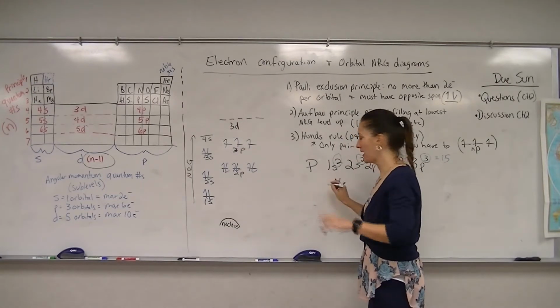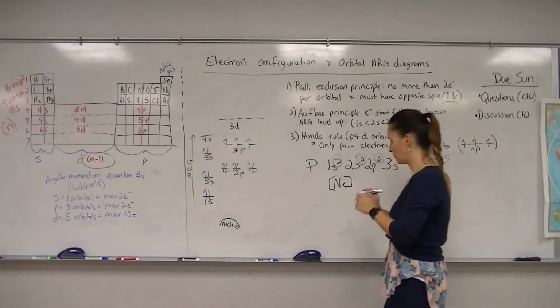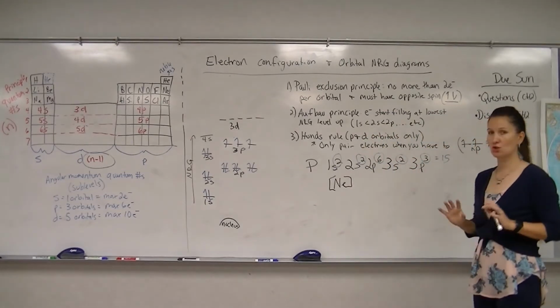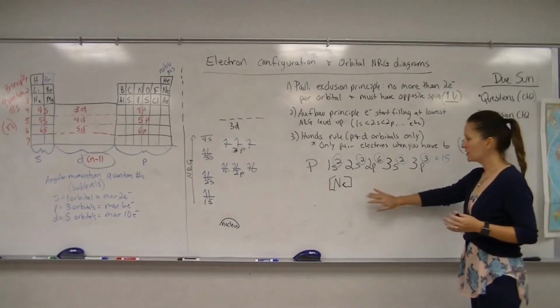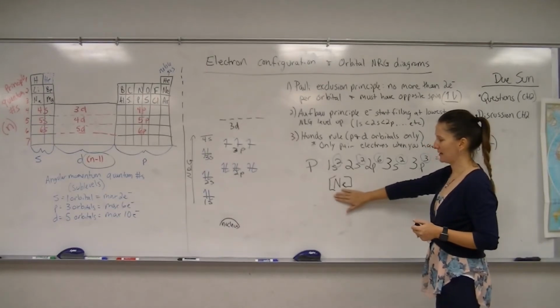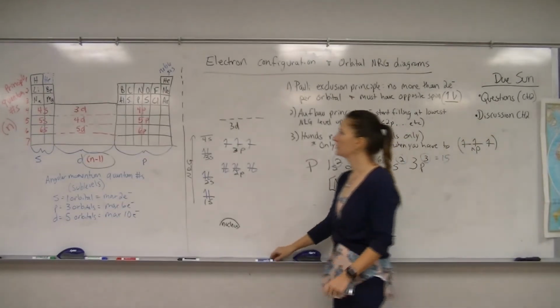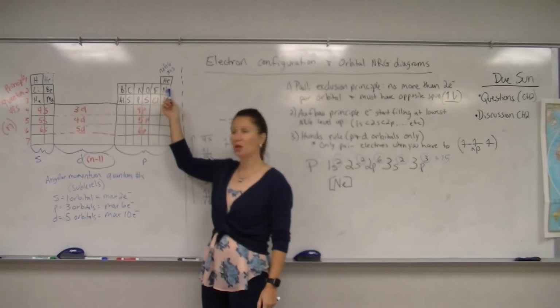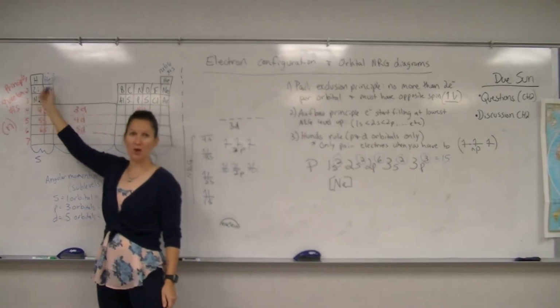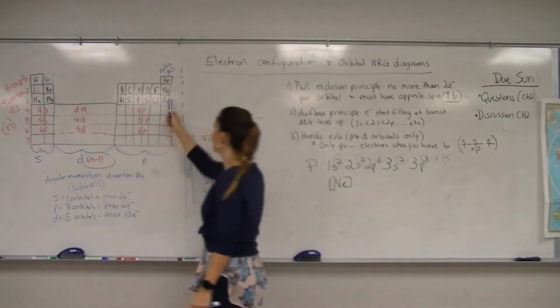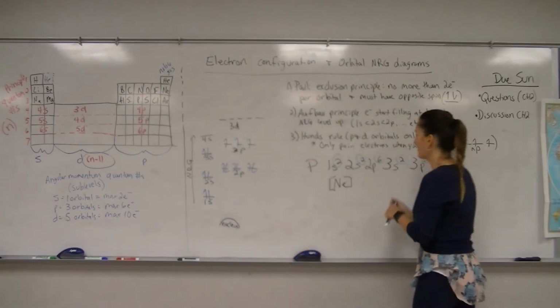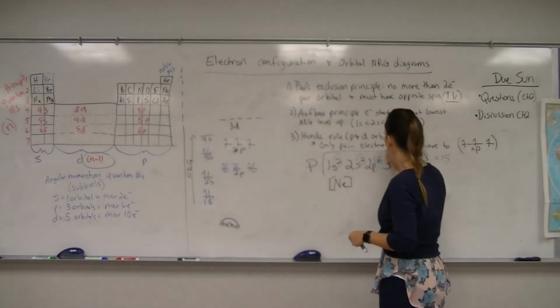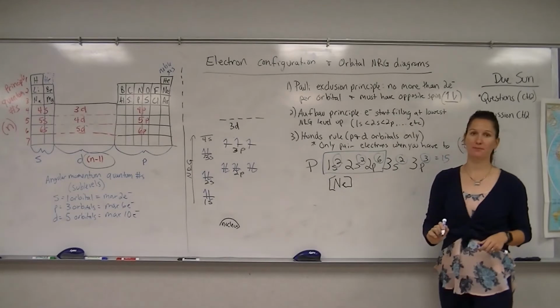So this is another way to write the electron configuration of neutral phosphorus. It's just a shorter way. Why do I want to use this way? Because if I put neon in brackets, what I'm telling you is start at neon, so you don't have to start all the way at the 1s by hydrogen. That takes out this whole section of your electron configuration.